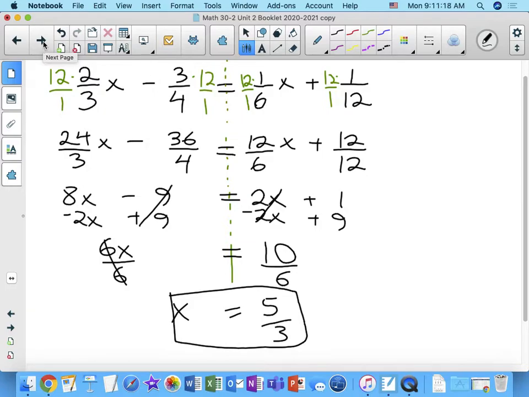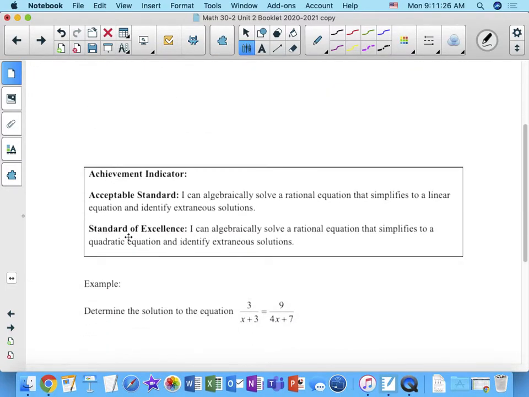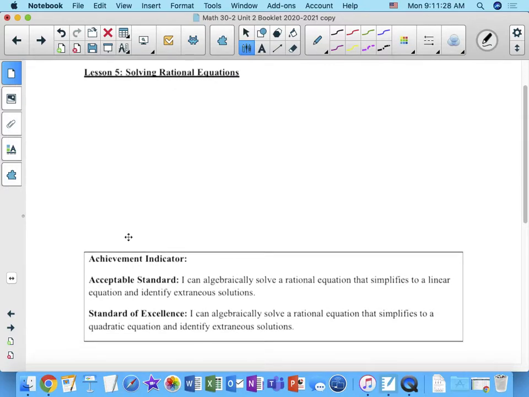All right, so on to rational equations. Well, a rational equation is any equation that includes a rational expression.